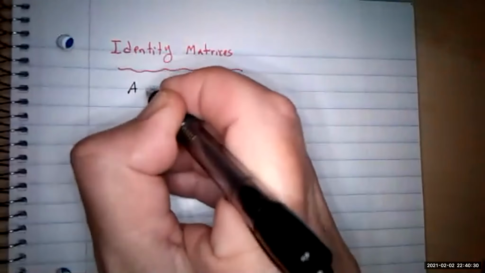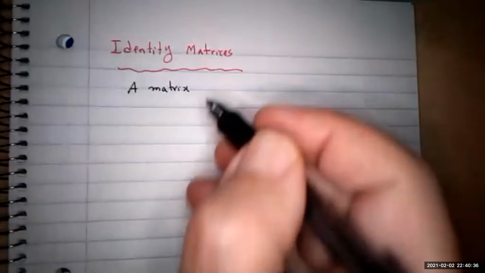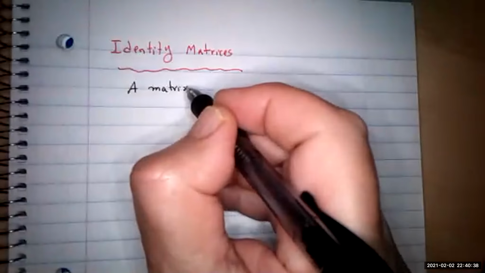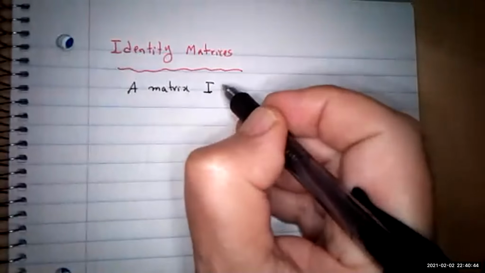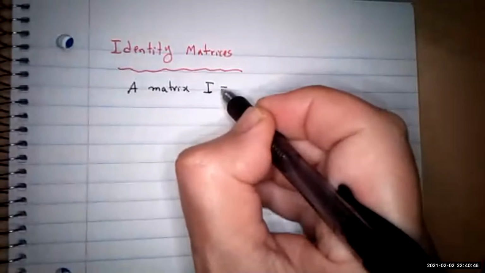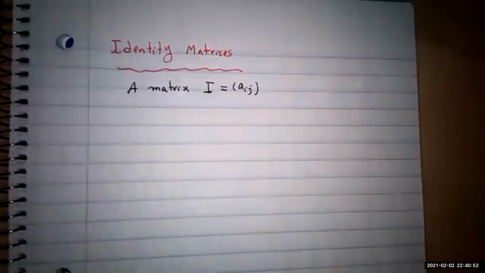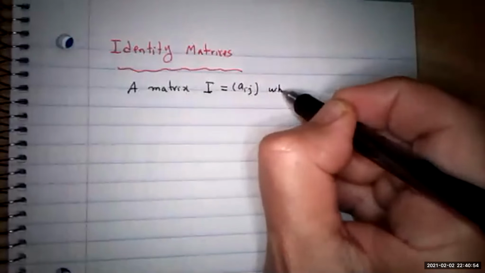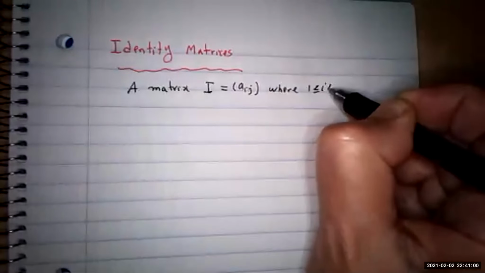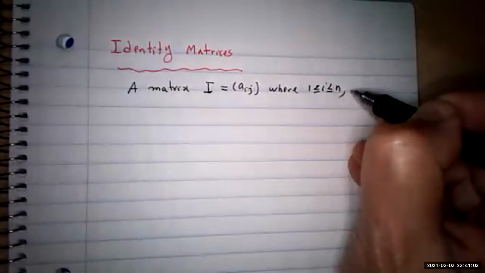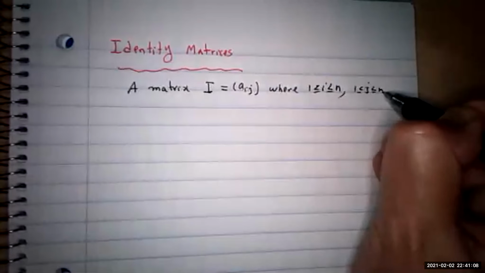A matrix, we call it I, for identity. A matrix I equal to, let's say, Aij, is going to be a square matrix where i is between 1 and n, and j is between 1 and n.